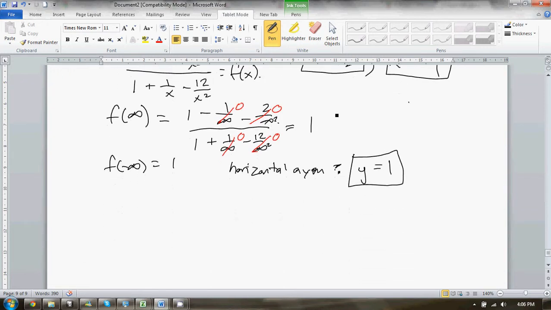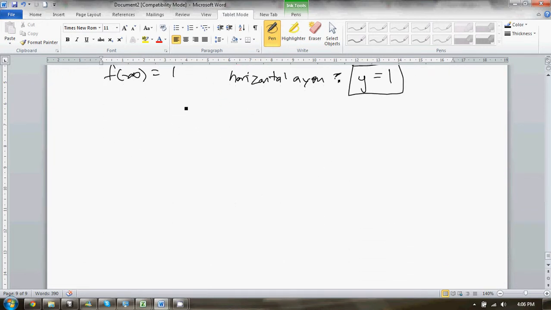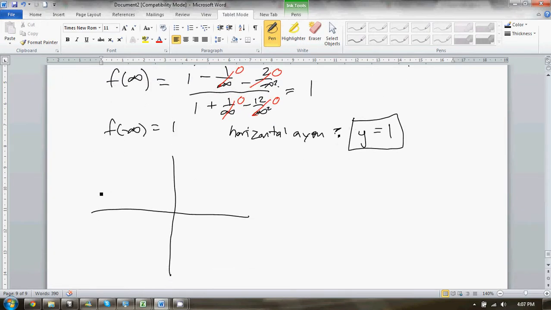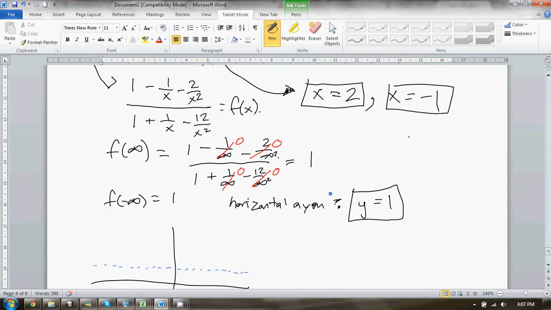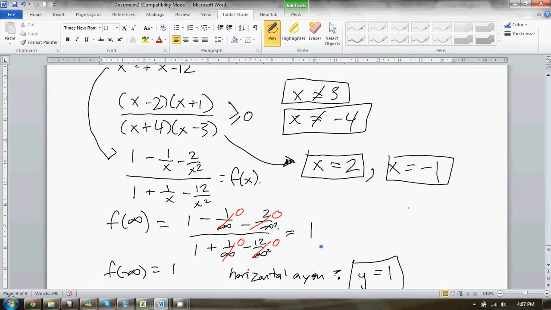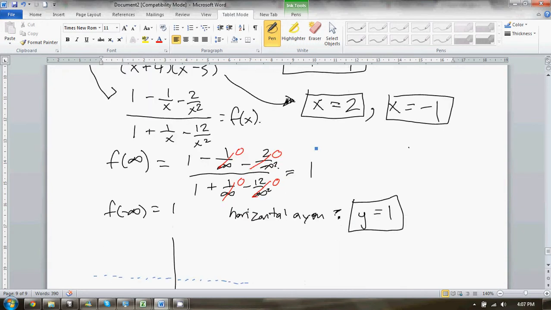Now if we build our sketch of the graph, we have our horizontal asymptote, so I'm going to draw this with different colors. There's our horizontal asymptote of y = 1. We have our vertical asymptotes of 3 and -4.